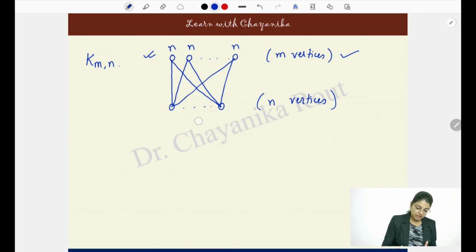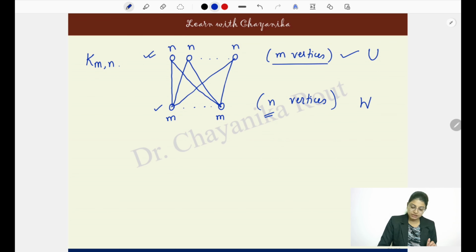Similarly, with respect to the other partite set, this vertex is adjacent to all the vertices above, where there are m vertices. So the degree of this vertex is m. Similarly, every vertex in this partite set has degree m. So basically in Kmn, if U is the partite set containing m vertices, then every vertex here has degree n.